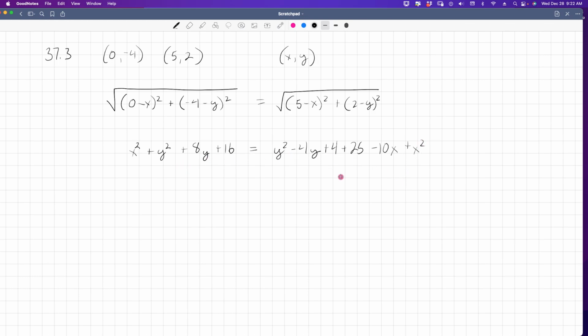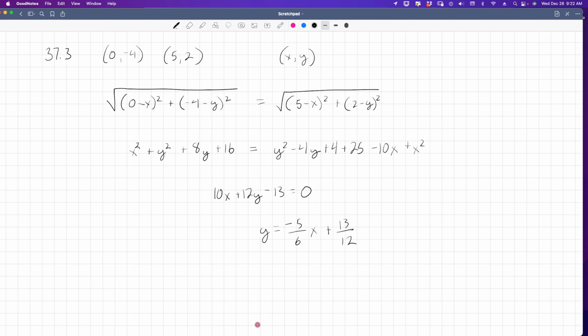When we combine everything, we end up with 10x plus 12y minus 13 is equal to 0. And then when we resolve that, we get y is equal to -5 over 6x plus 13 over 12.